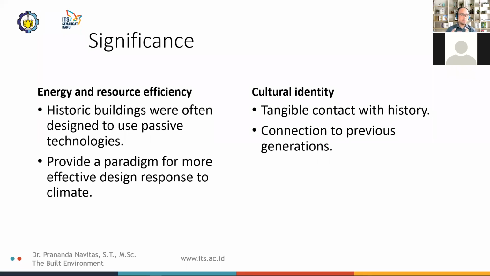They provide a tangible connection to a community's history. So we are a community of learners, and our schools, our campuses, our buildings are a tangible evidence of our community's identity, our community's history, and they embody our community's values.